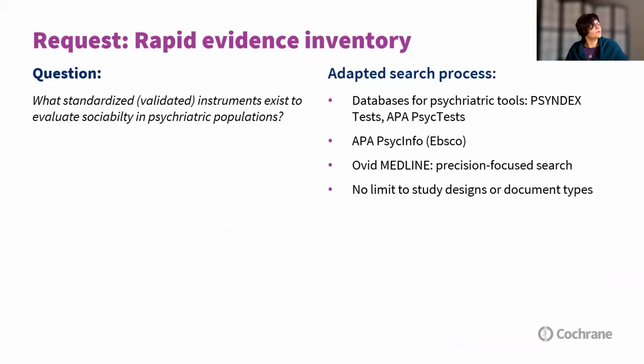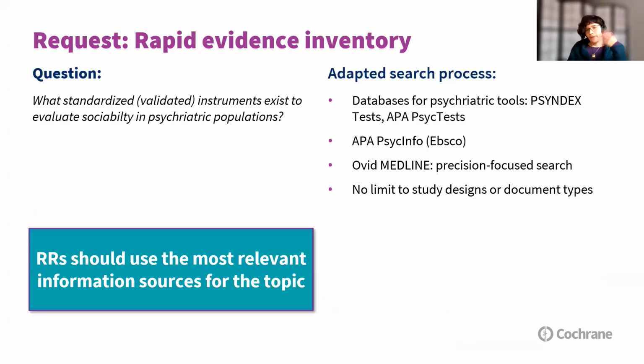So going back to my request about the tools to evaluate sociability, as I said, if I limit the number of information sources for a rapid review, it's really important to choose the information sources and search approaches that are most relevant for the topic.